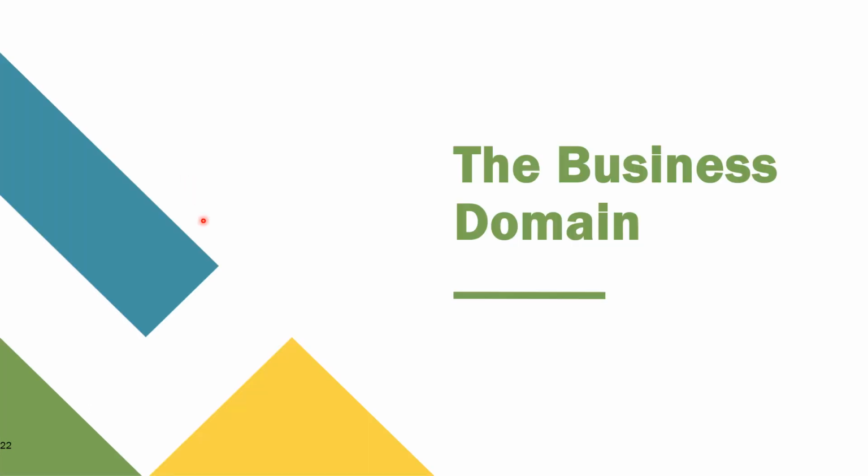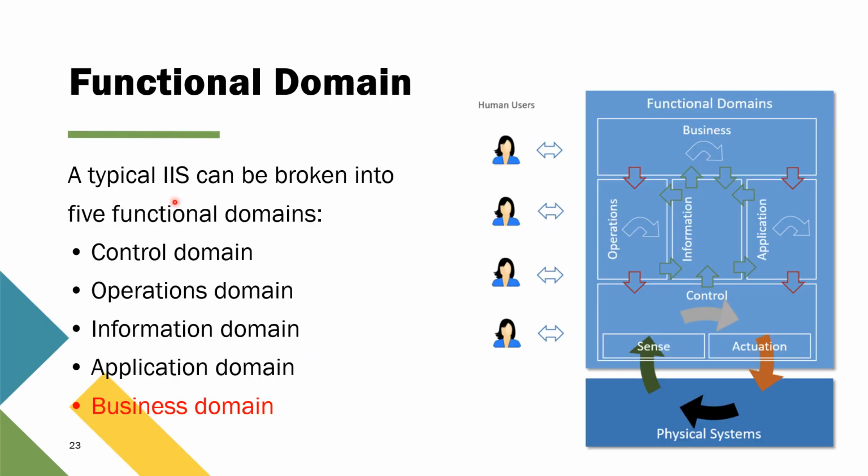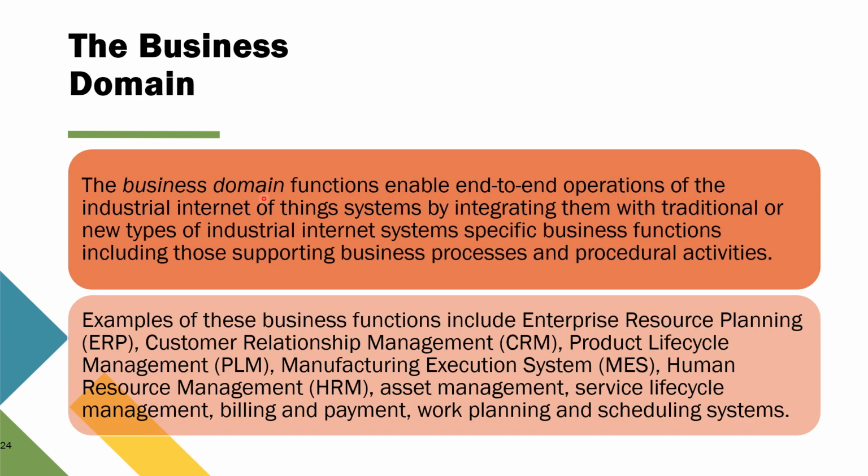Now, here is the last domain, which is the business domain. Let us look into the business domain and see what the components under it are. This business domain has functions that enable end-to-end operation of the industrial Internet of Things system by integrating them with traditional or new types of industrial Internet system, specific business functions, including those supporting business processes and procedural activity.